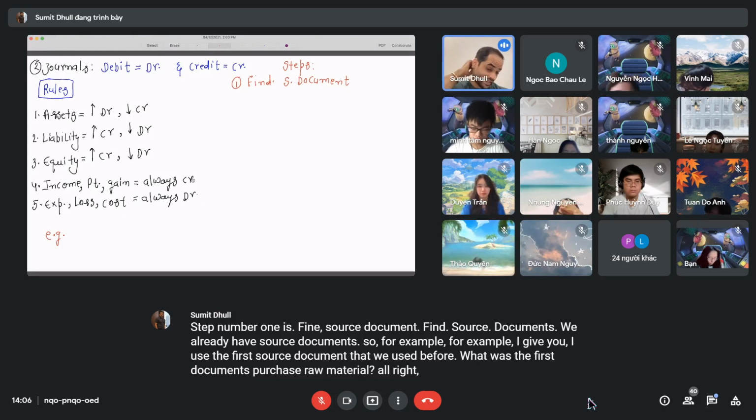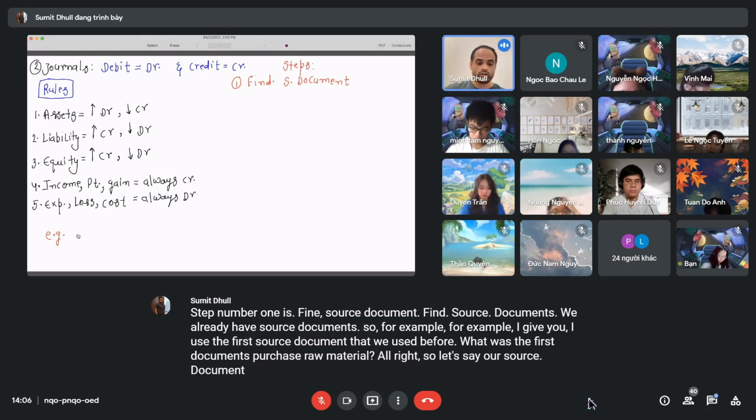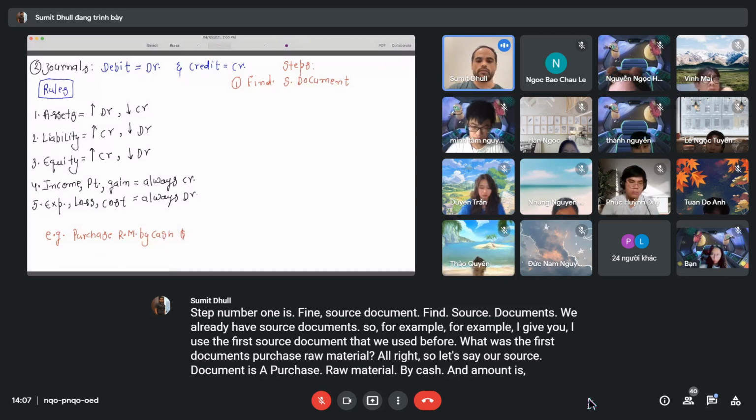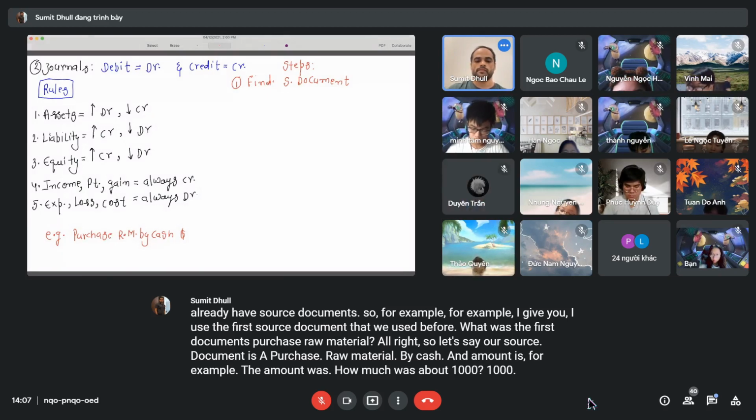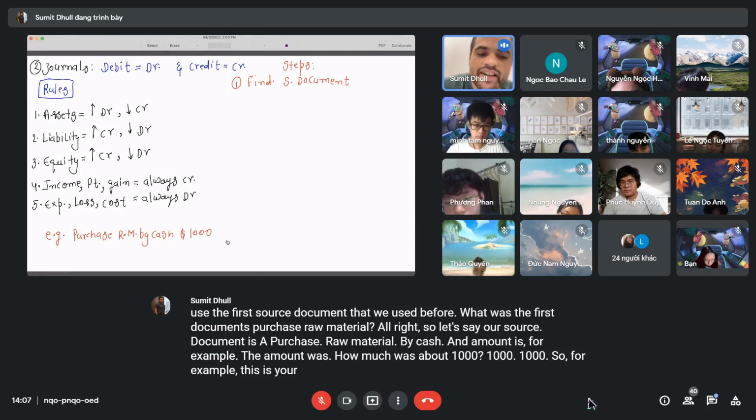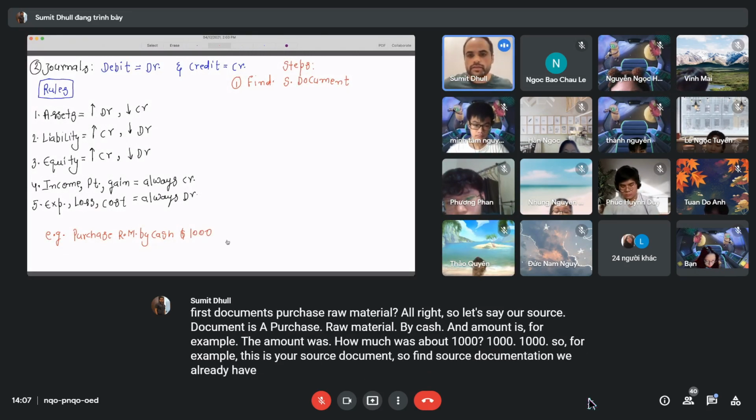So let's say our source document is purchase of raw material by cash, and the amount is 1,000. So for example, this is your source document. We already have source documents, right?